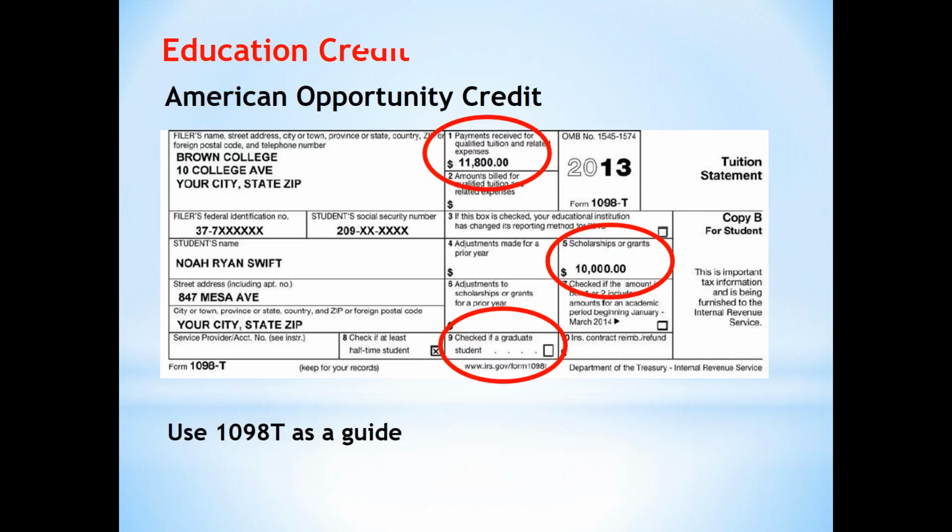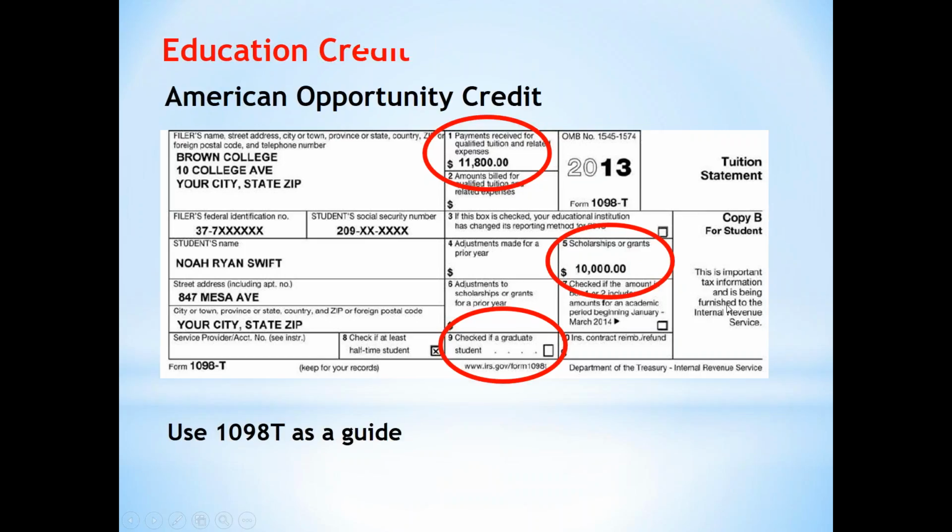So you can see on the screen we have to have what's called a 1098-T form in order to calculate the credit appropriately. It has not only the amount of tuition that was charged to the person, but the amount of scholarships, which is huge because we need to subtract the scholarships from the amount that was billed.